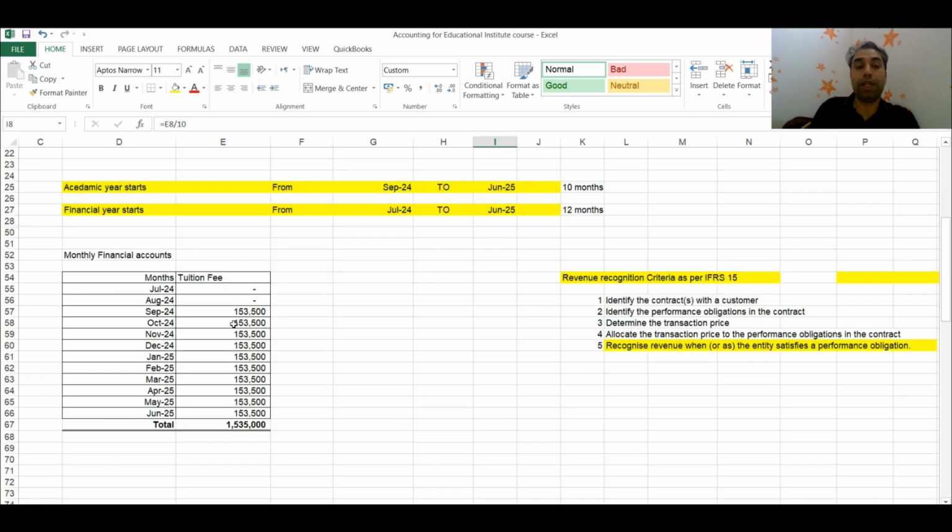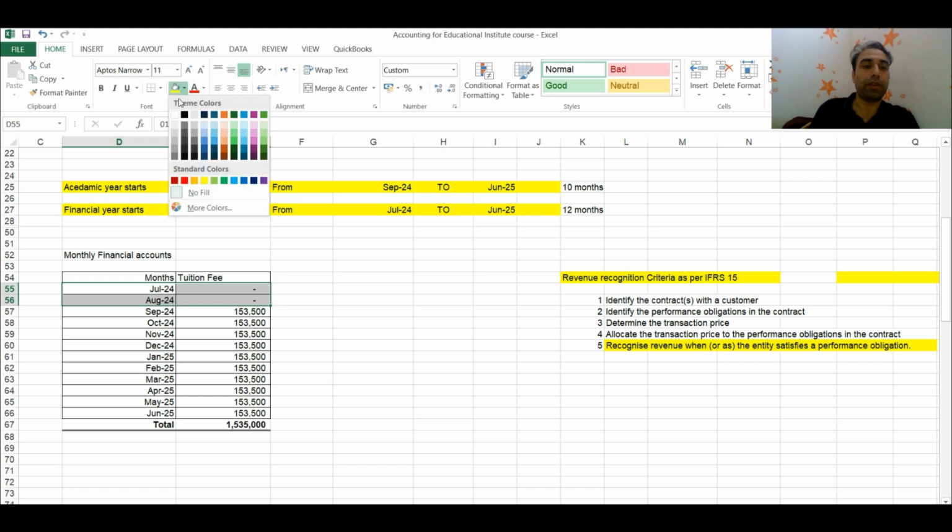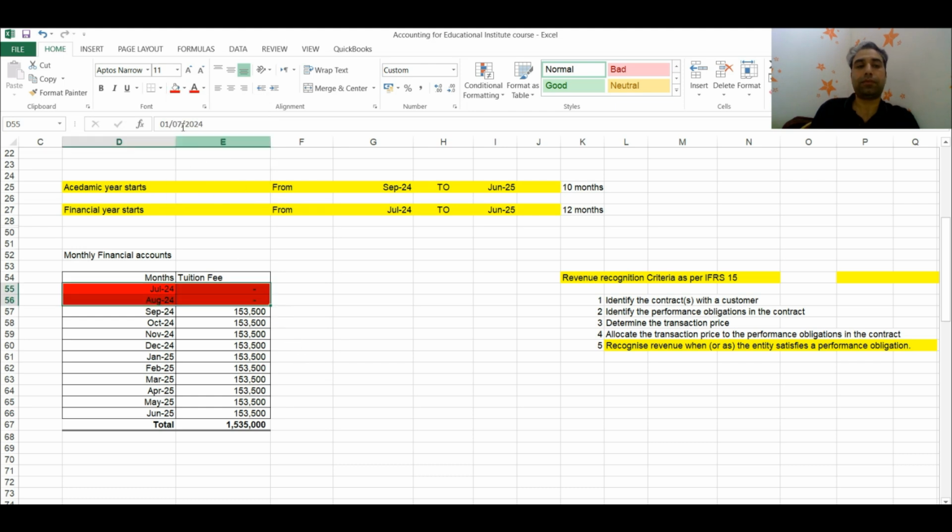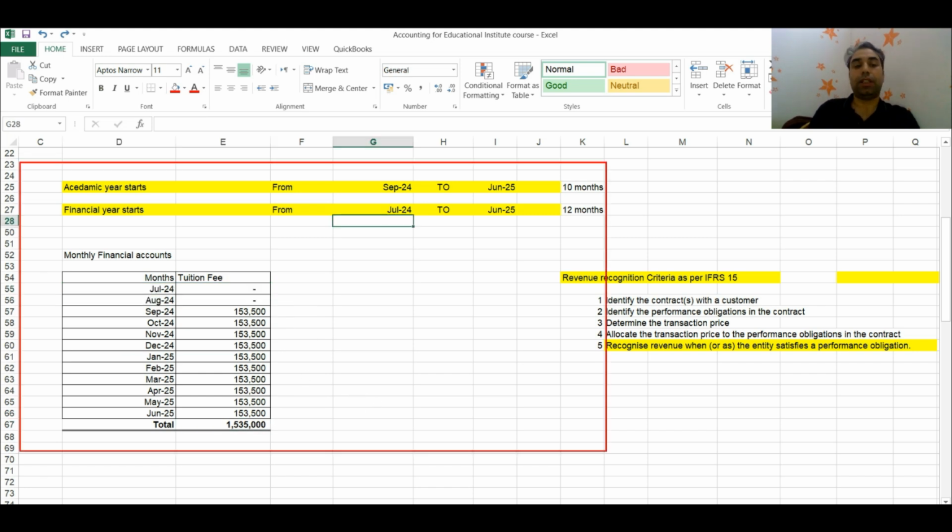So we will record the total revenue as 1535. However, if we have to break down monthly for the sake of understanding, in the month of July and August you will not recognize any revenue. So this is the total revenue for the year.